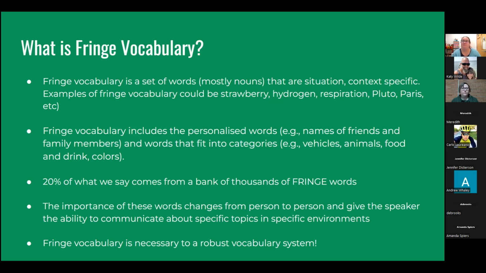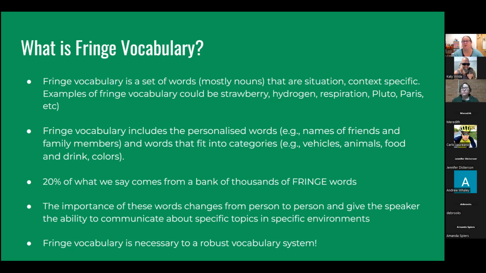A lot of times when you think of low-tech picture exchange type communication, you're seeing more fringe vocabulary and less of the core vocabulary. So we want to make sure that our AAC systems follow that same rule of 80% of our spoken language being core vocabulary, and only 20% being fringe.